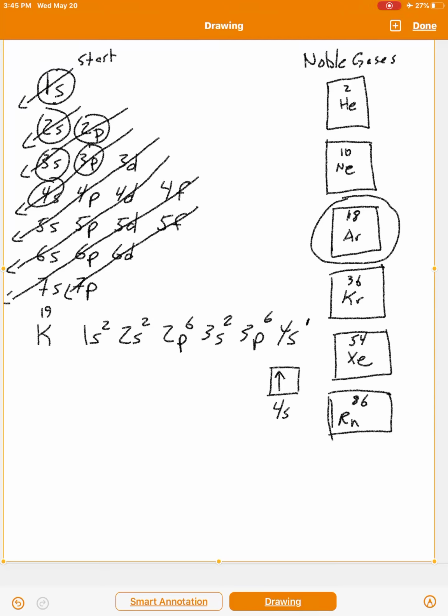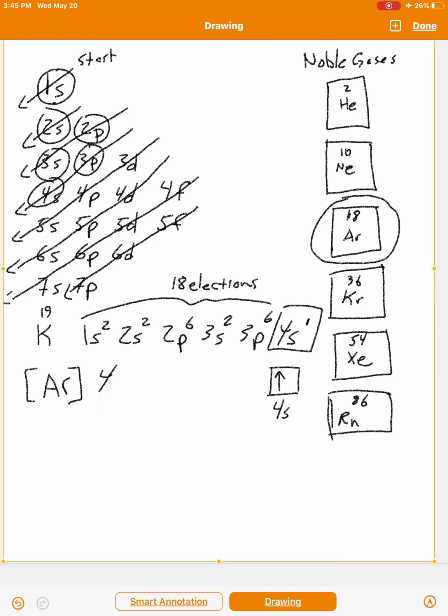And so we're going to write the configuration of this element as potassium, as the same as argon. Argon is the first 18 electrons, and then 4s1. And that would give you the 19th electron.